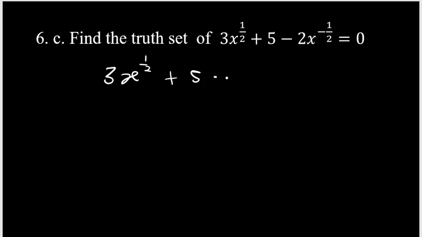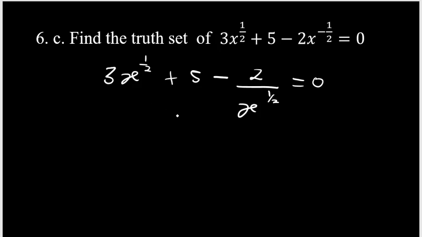The third term, that is the minus 2x^(-1/2), we can rewrite as minus 2 over x^(1/2), that is indices, is equal to 0.